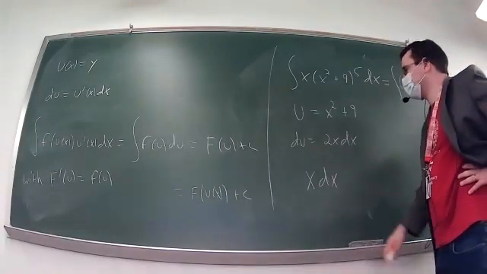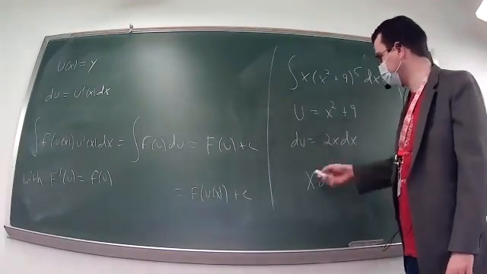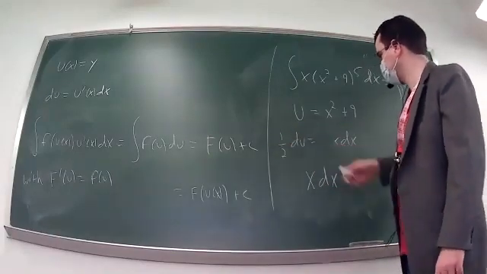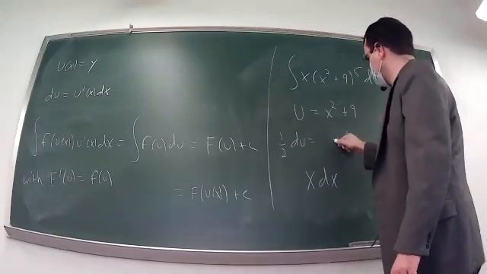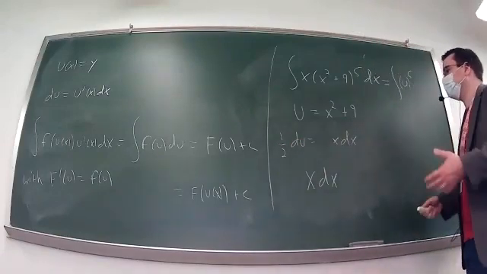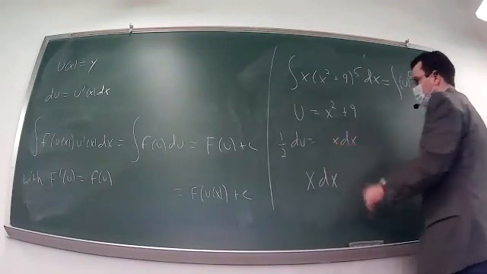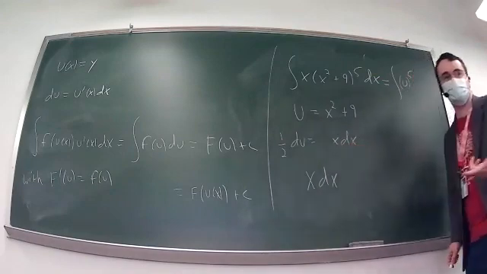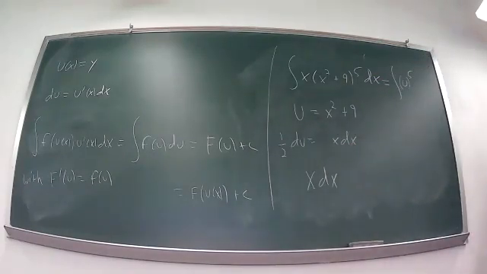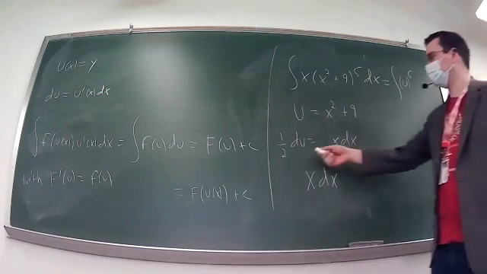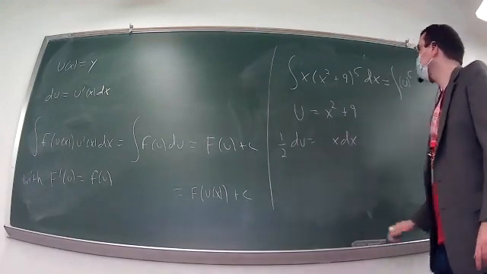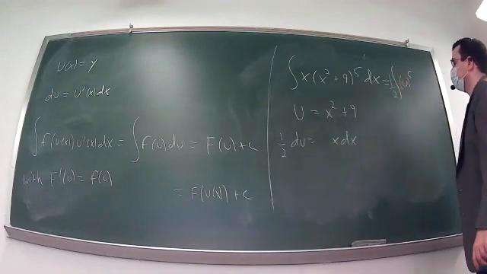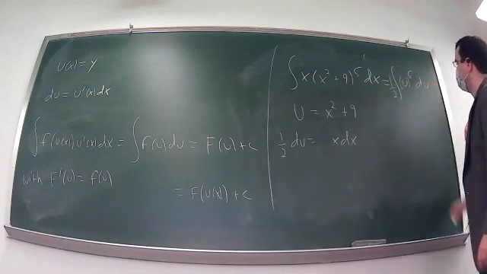But what you can do instead is just this one simple trick: divide both sides by 2. Then you're good. A small change in u would correspond to 2x times dx, but 1/2 of a small change in u would correspond to x times dx. So that makes sense. And therefore x dx is equal to 1/2 times du. So you can rewrite this as just 1/2 times u to the 5th times du.